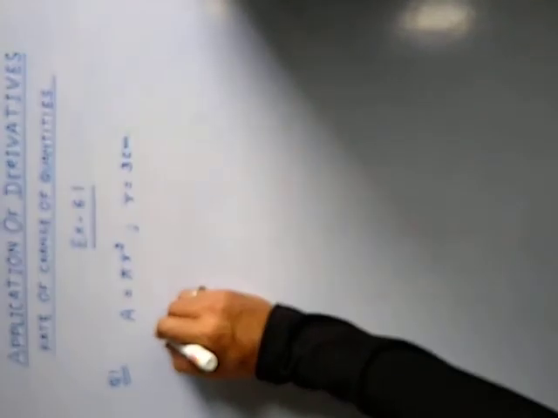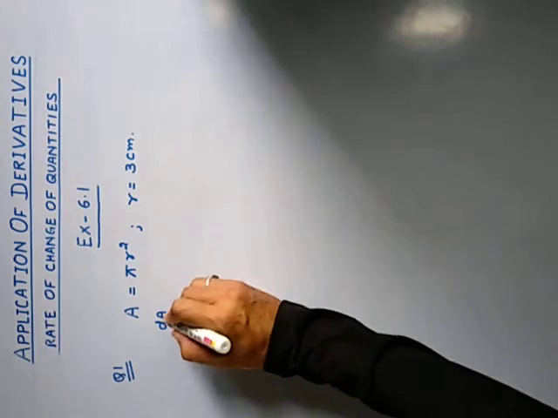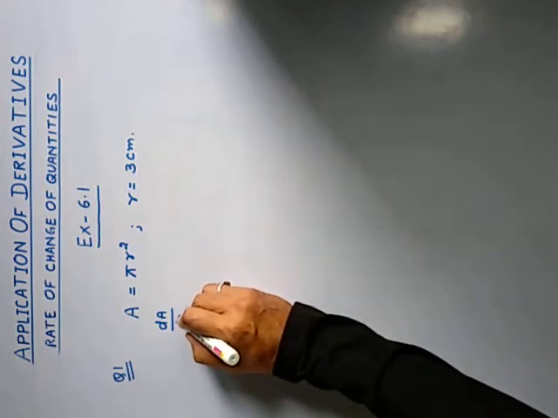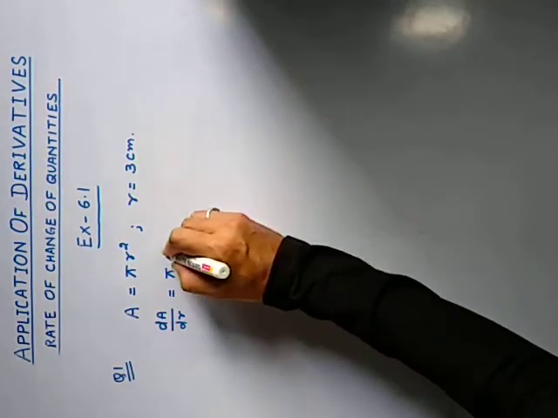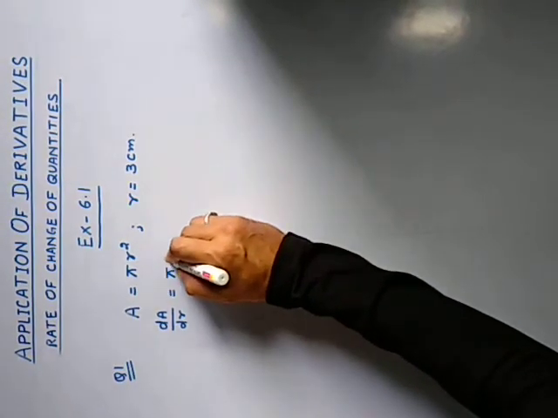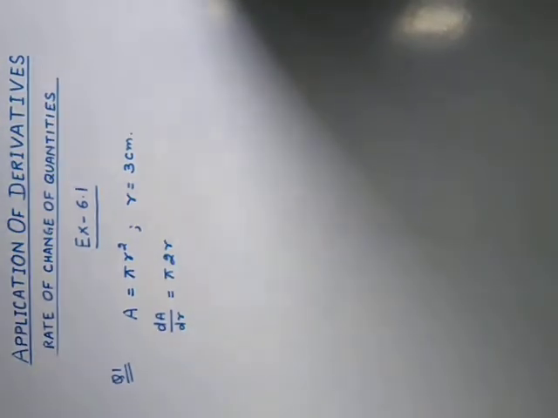Now the rate of change of area with respect to radius. So differentiating area with respect to radius, dA over dr equals pi as it is, r square. Differentiation of r square is 2r.